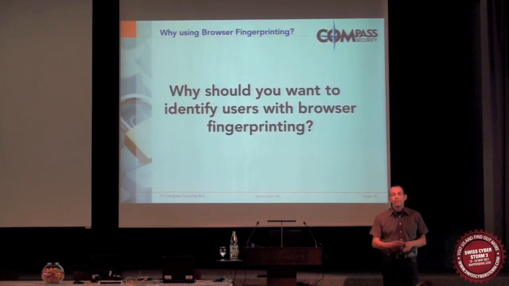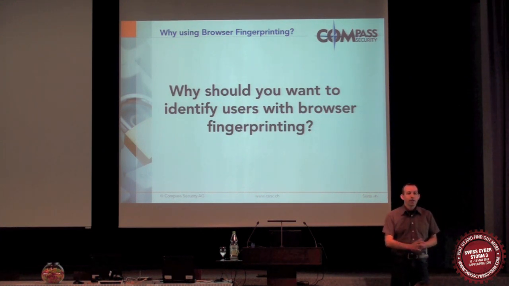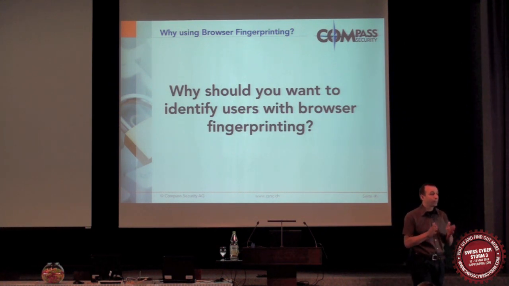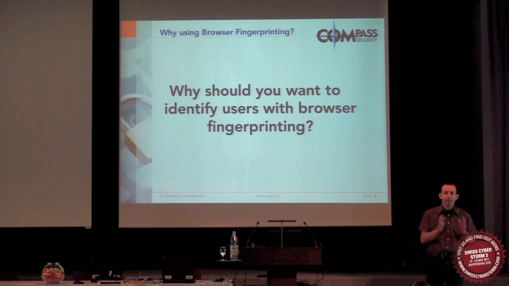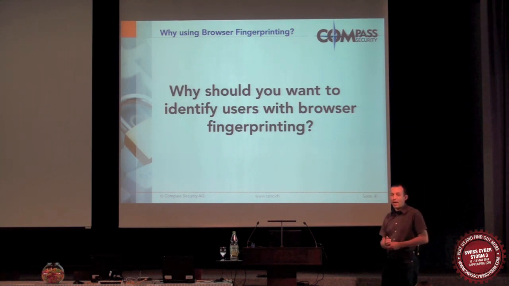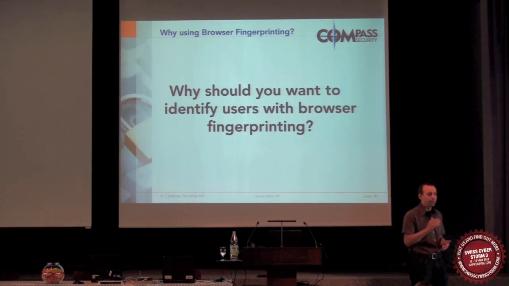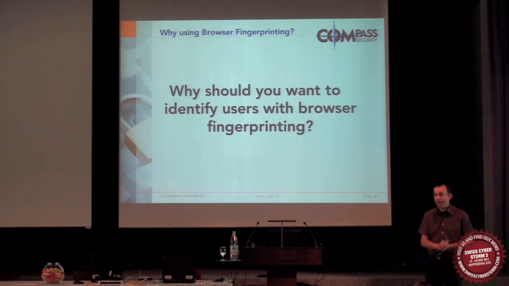But for example, if you have an attack on e-banking where the session is hijacked of a logged-in user, then normally the attacker comes with another browser. This means you could make a browser fingerprint of your user after he logged in, store that, and if you have the same session with another fingerprint, then you know maybe this session has been hijacked. So you could say, hey, please provide an SMS token again, or please verify the transaction you did.